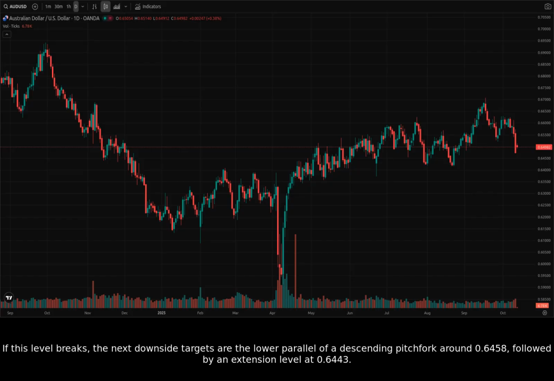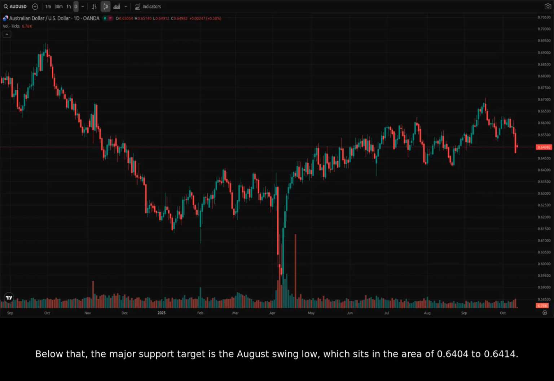If this level breaks, the next downside targets are the lower parallel of a descending pitchfork around 0.6458, followed by an extension level at 0.6443. Below that, the major support target is the August swing low, which sits in the area of 0.6404 to 0.6414.